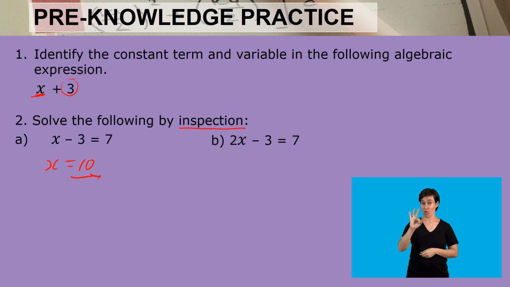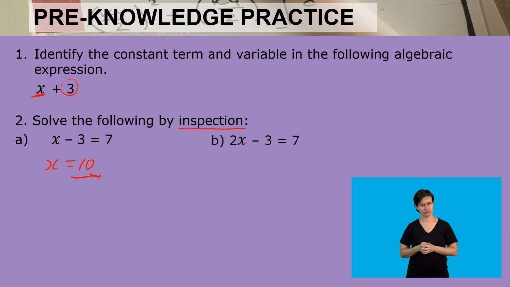2x minus 3 equals 7, which says a certain number multiplied by 2, when you subtract 3 from that product, you should get 7. Now, how do we do that by inspection?